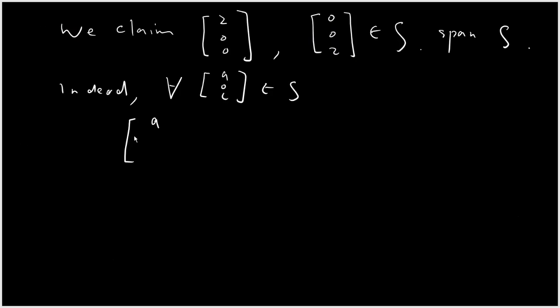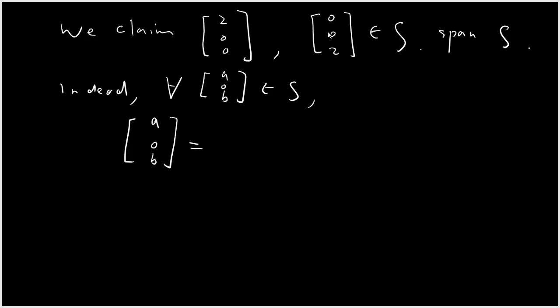I think I was using A0B, so it doesn't matter the notation. We want to write A0B, an arbitrary vector in S, as a linear combination of these two vectors.